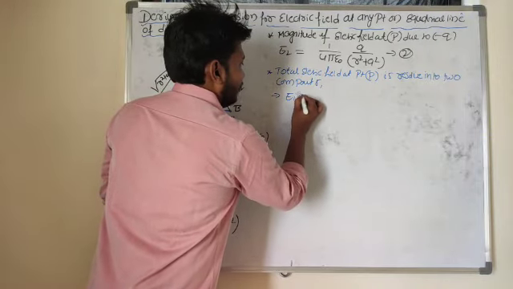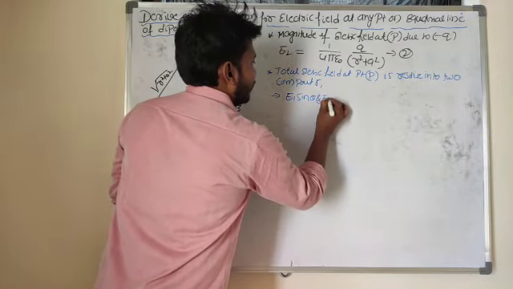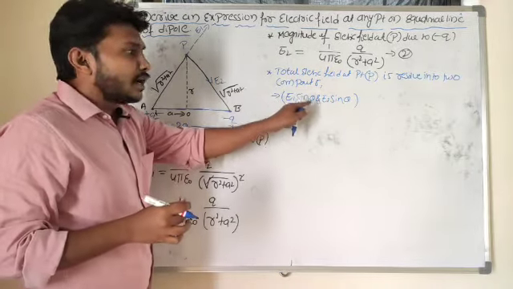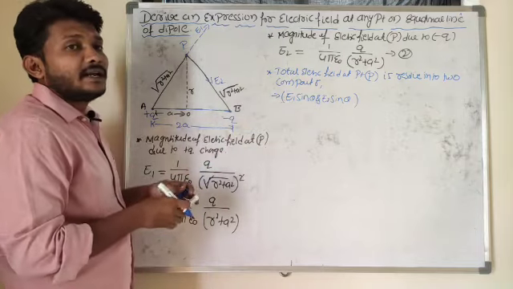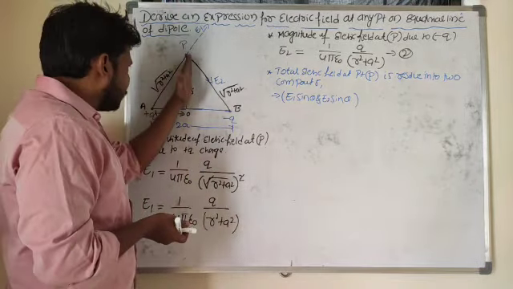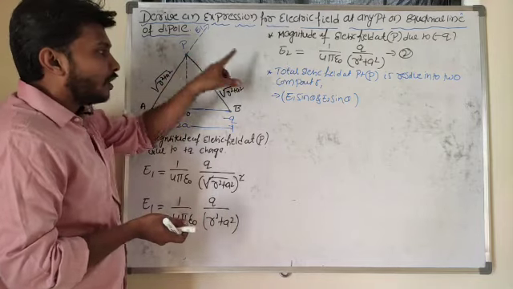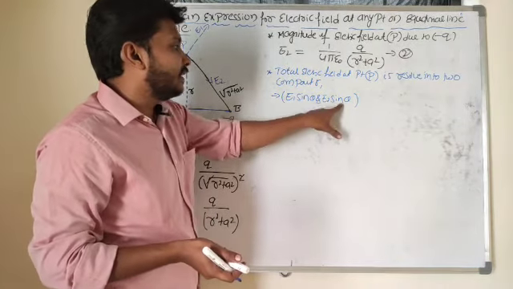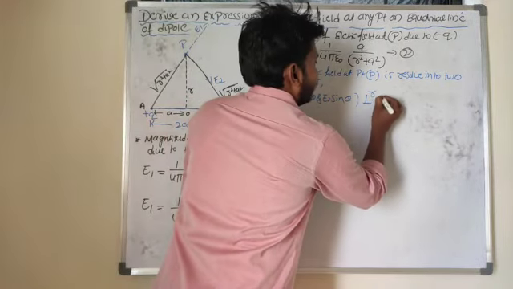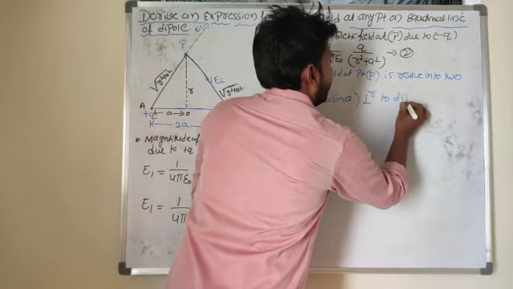For example, E1 sin theta and E2 sin theta is one component. This component of electric field is acting perpendicular to the dipole. For example, this is the dipole. Perpendicular to the dipole, at this point P, one component of electric field is present, that is E1 sin theta and E2 sin theta.